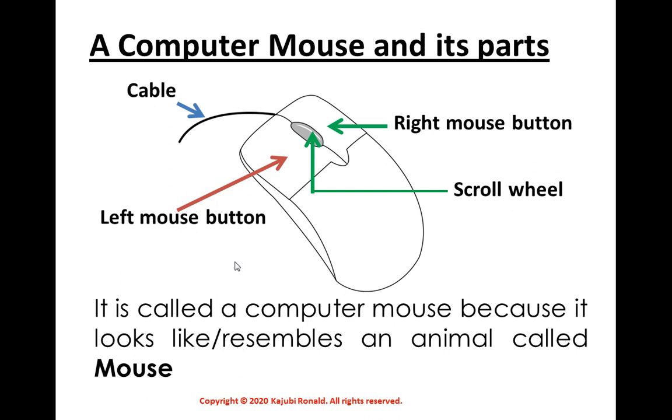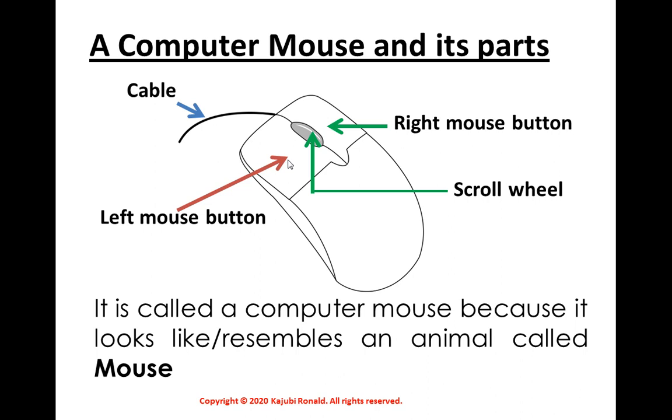Here is how a computer mouse looks like. And in there we have tried to label or to name its parts. It has got a cable, right? Others call it a wire. We have got the left mouse button, right? This one. It's called the left mouse button because it is on the left hand side of the mouse.